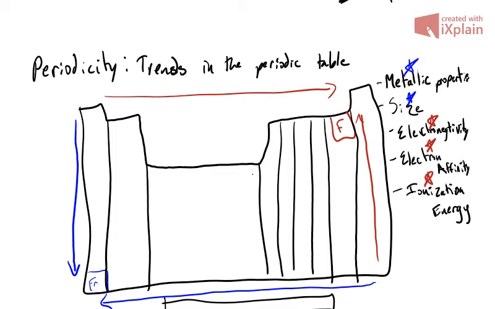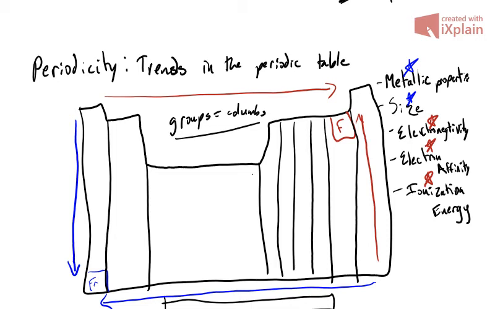So, these columns that I just made, they are called groups. Groups equals columns. Now, these columns can be indicative of the number of valence electrons an element has.